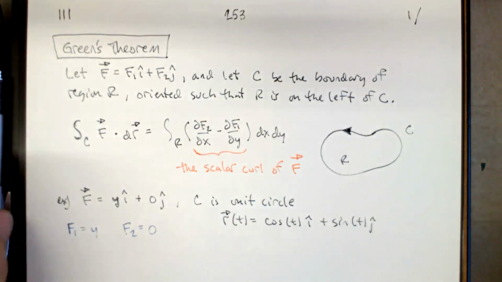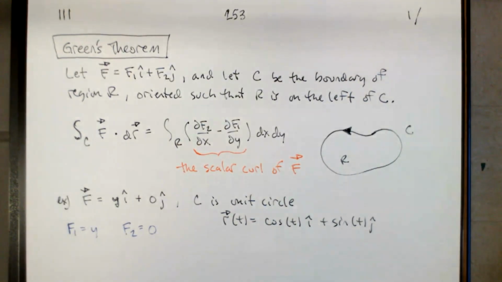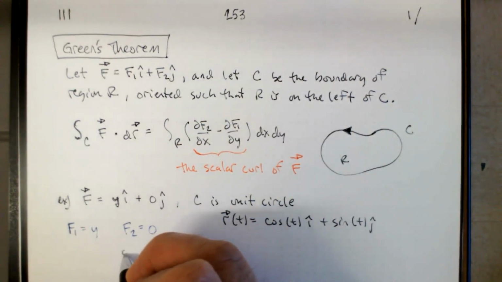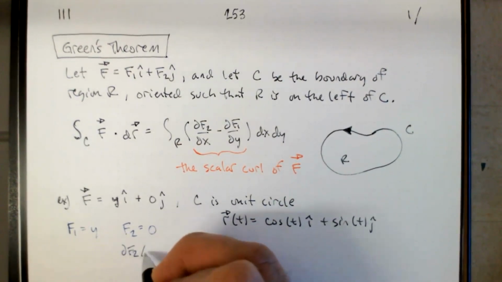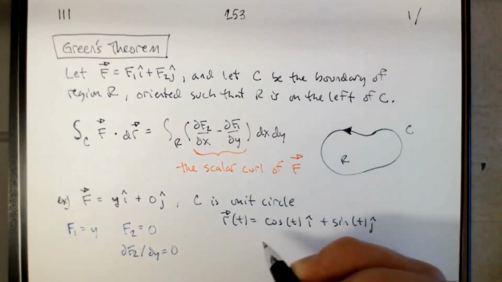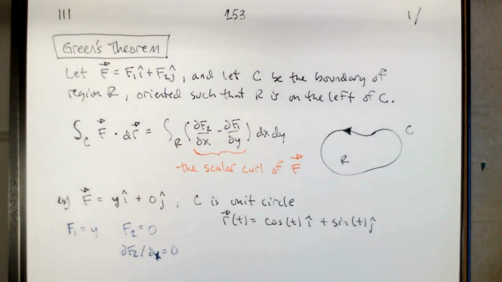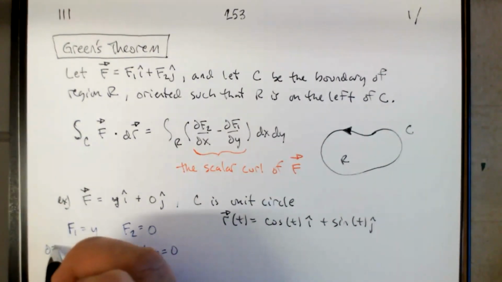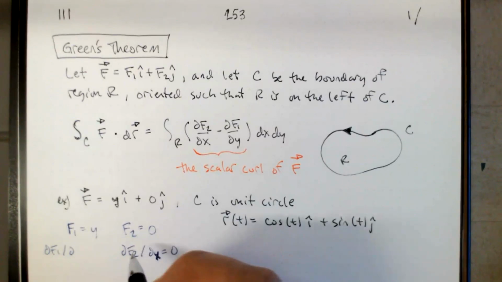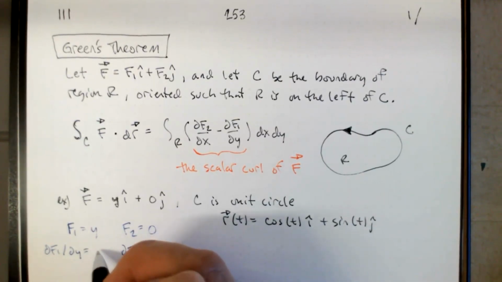The partial of F2 with respect to x is equal to 0. And the partial of F1 with respect to y is equal to 1.